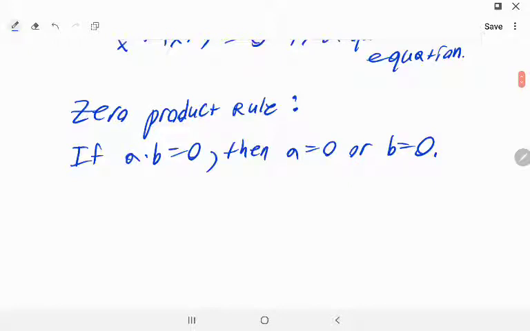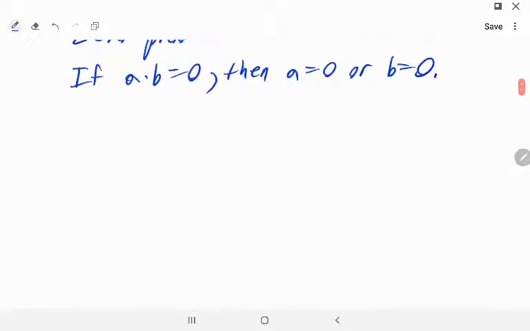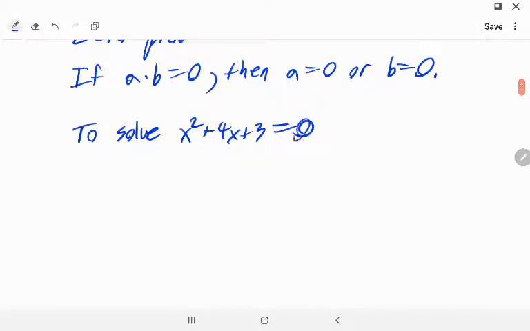This is really convenient compared with our factoring, because if we wanted to solve x squared plus 4x plus 3 equal to 0, all we have to do is factor and set the factors equal to 0.